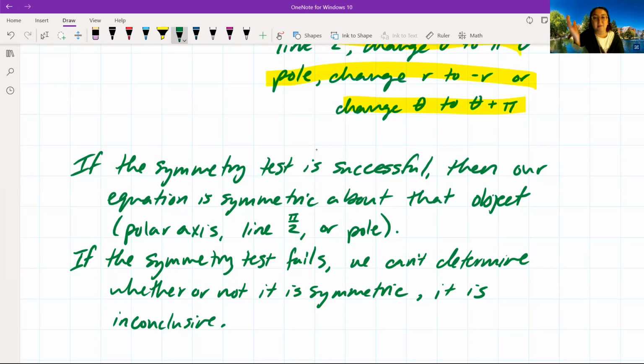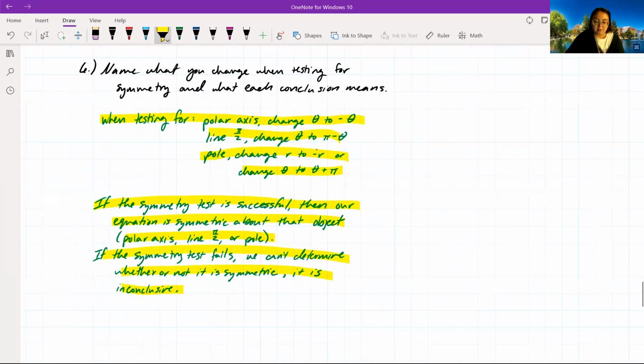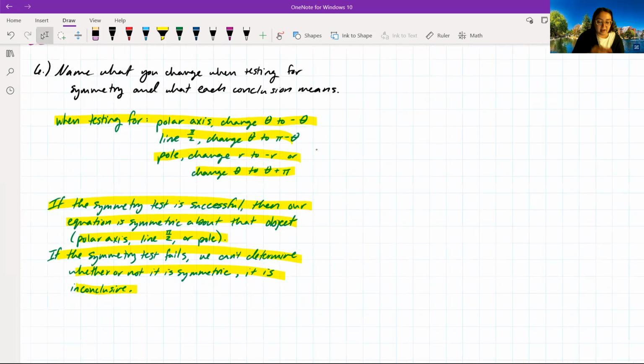So a failure does not mean that it is not symmetric. It just means that we don't know. All right, so a bit of a concept question there. Remember, you do want to be brushed up on the vocabulary of each section and some conceptual questions as well about certain formulas and equations that you're going to be given.